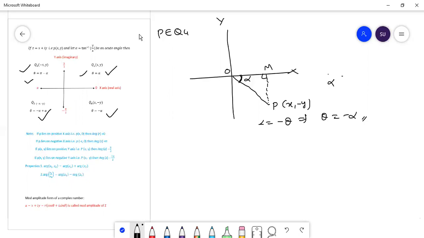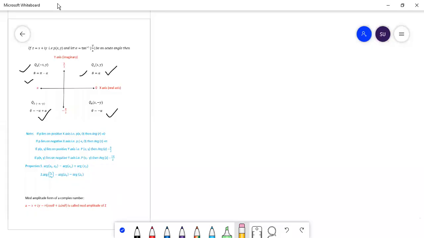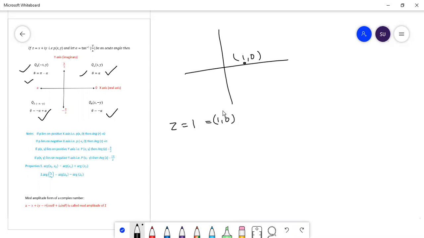Next, if any point is in the form (1, 0), what will be the argument of that point? Z is equal to 1, that is nothing but (1, 0).